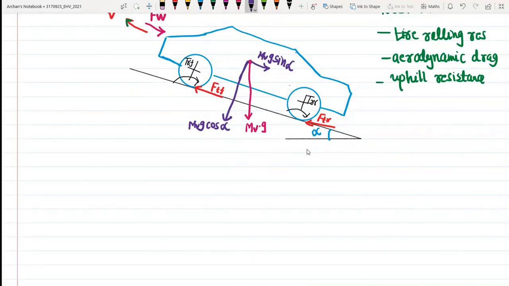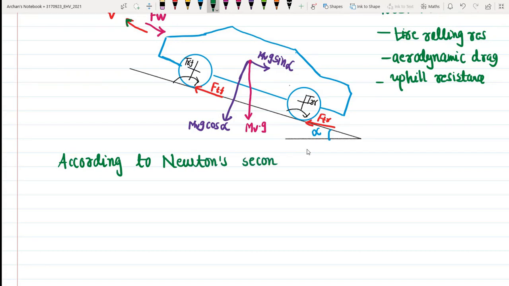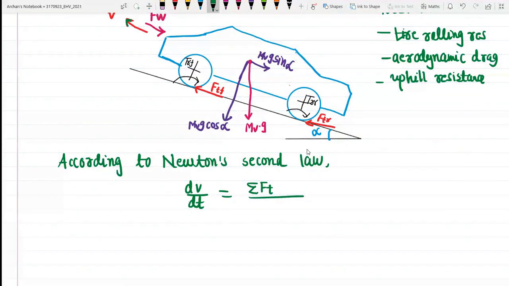So according to Newton's second law, vehicle acceleration can be written as dv by dt equal to total tractive effort, that is Ft, divided by the mass of the vehicle, delta mv, right?